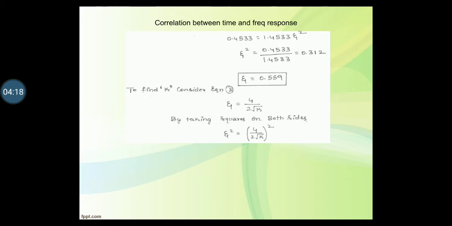So damping square is equal to 0.4533 by 1.4533, which is 0.312. So damping ratio is equal to 0.559.